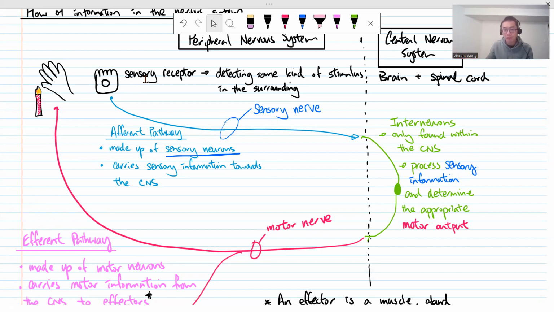But we don't function based on reflex alone. Right now, like I'm talking, I'm teaching, right? I have to make up the words and then I'm moving the hand by my own will. At least I think I am, right? So those kind of signals come from my central nervous system. So it's possible for the signal to initiate from the CNS, and in this case, we bypass the sensory neuron.